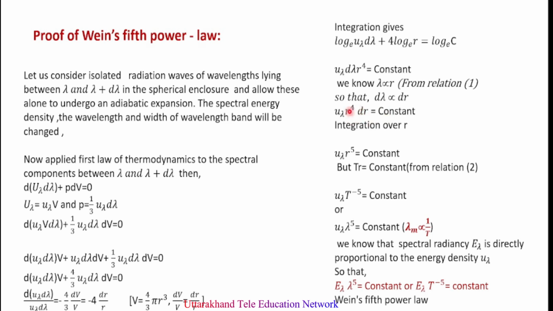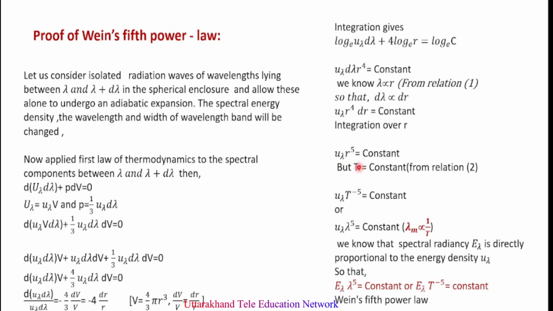Now again we integrate this equation, and it becomes u_lambda r to the power 5 is equal to constant, but T r is also constant, T r is equal to constant, which we discussed in the previous point. So T r is equal to constant and u r to the power 5 is equal to constant.